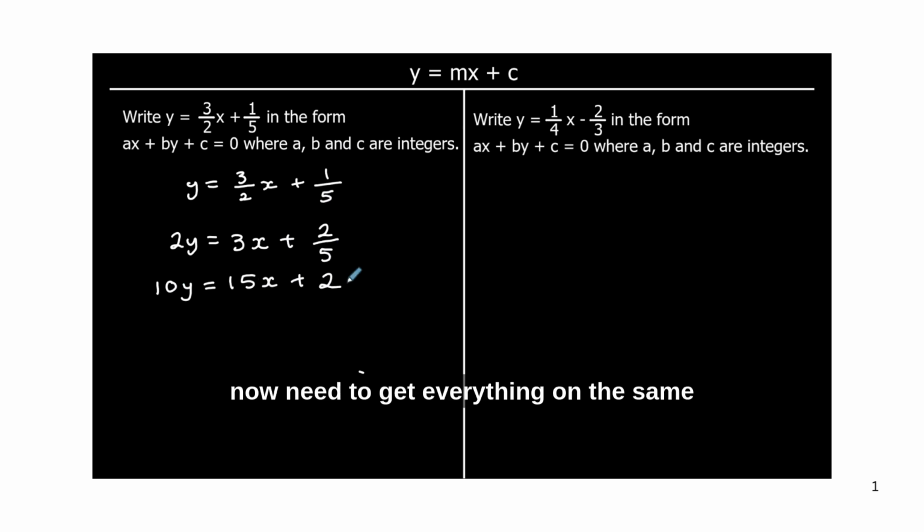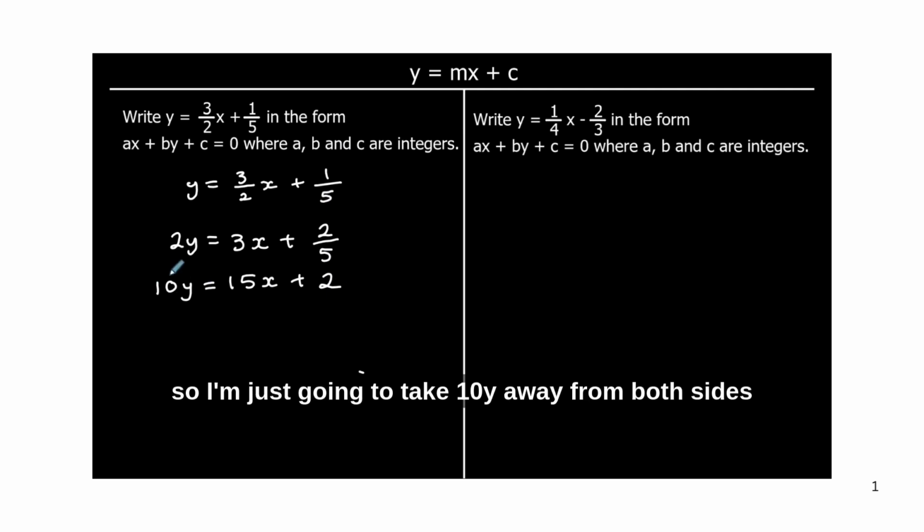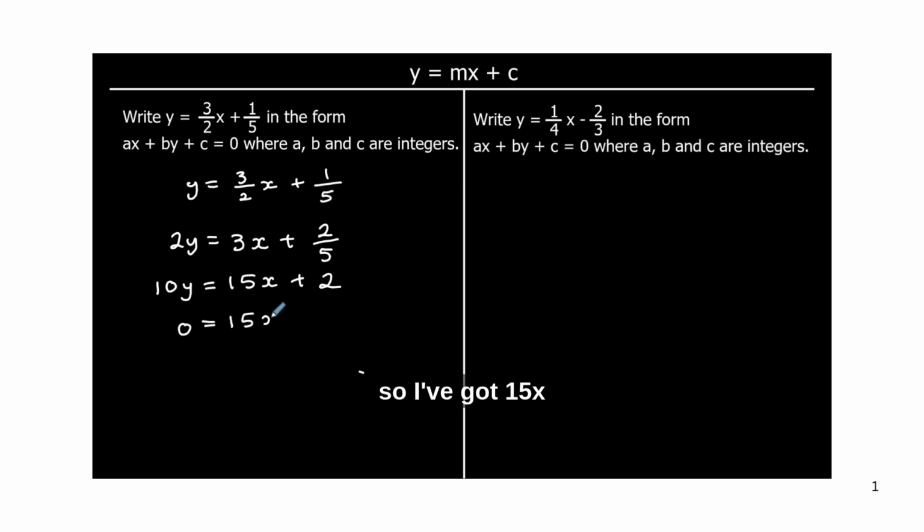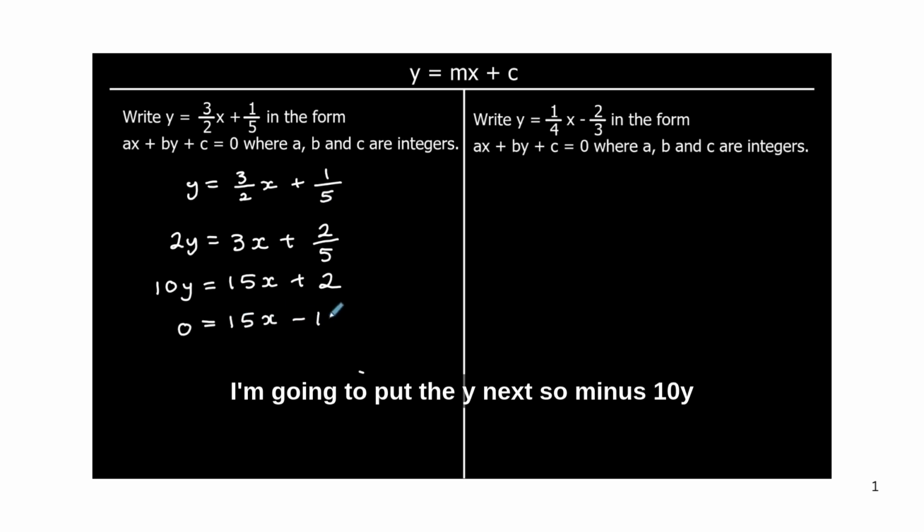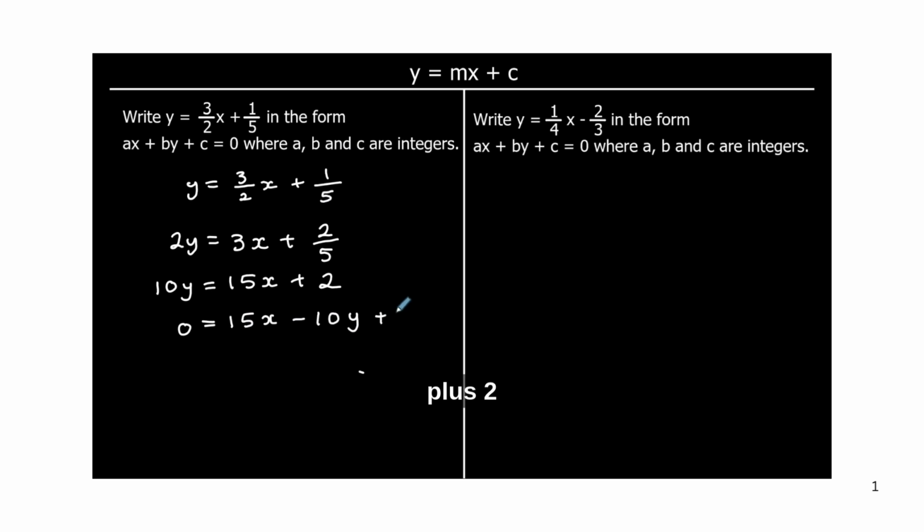I now need to get everything on the same side. So I'm just going to take 10y away from both sides. So I've got 15x. I'm going to put the y next, so minus 10y plus 2. So 15x minus 10y plus 2 equals 0.